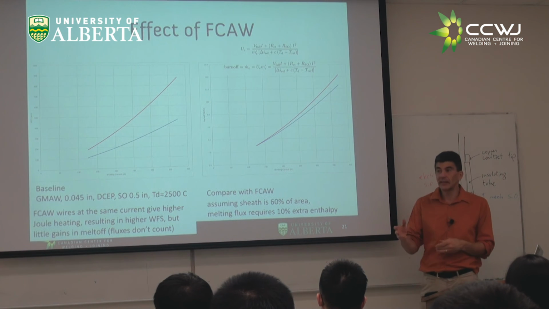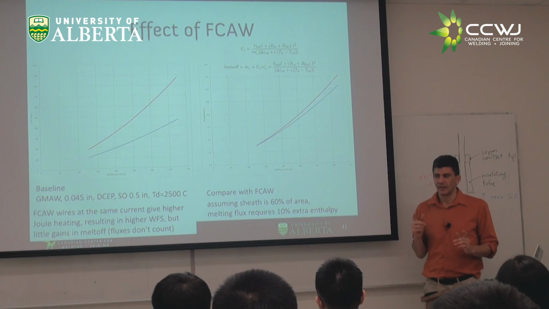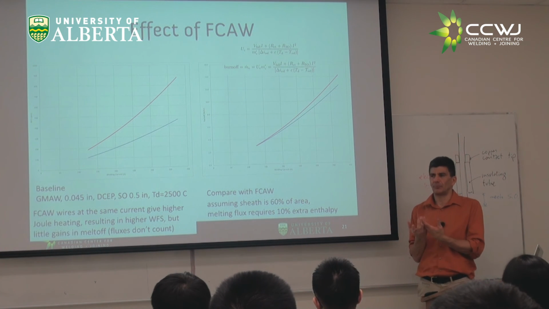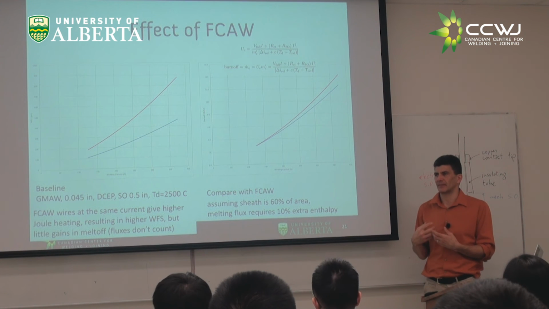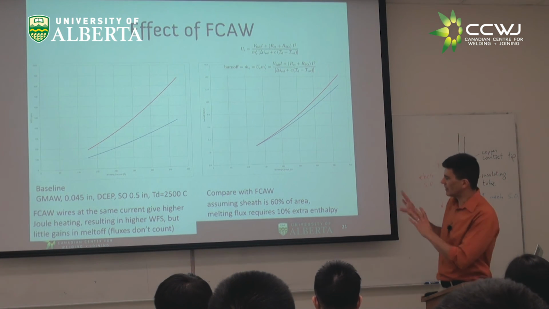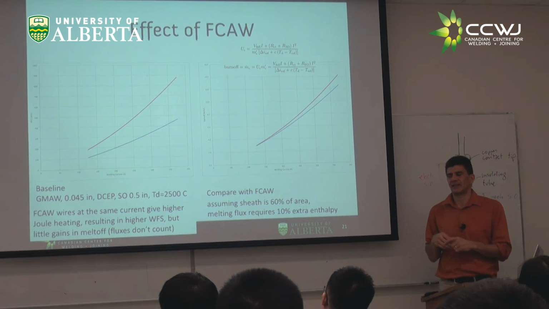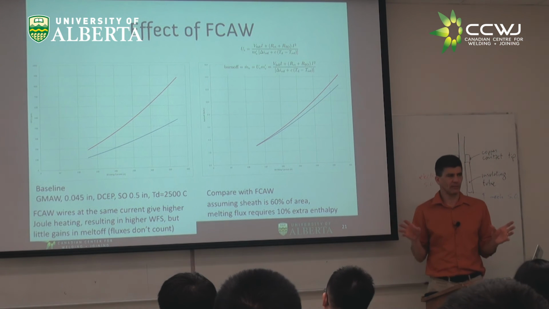You have a higher joule heating, and that's good, but your enthalpy is higher than in MIG, because now you need to melt the fluxes, right? So here, for the sake of this graph, I'm assuming that melting the flux needs 10% extra enthalpy.